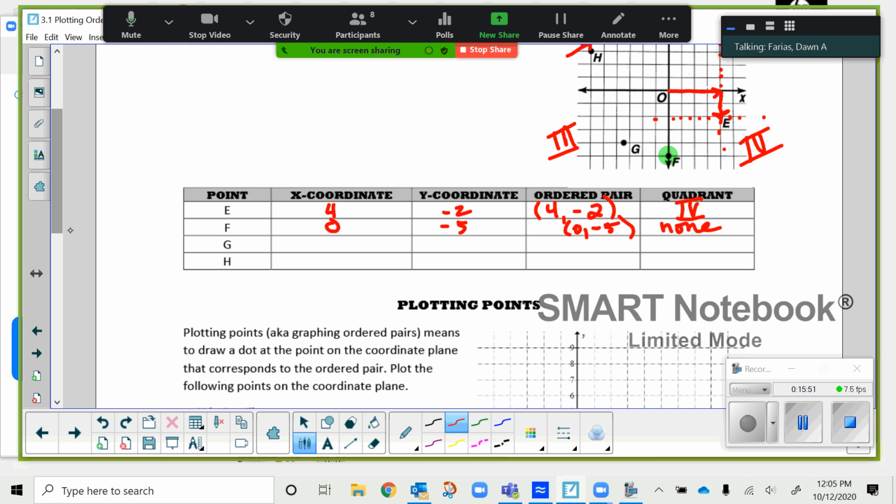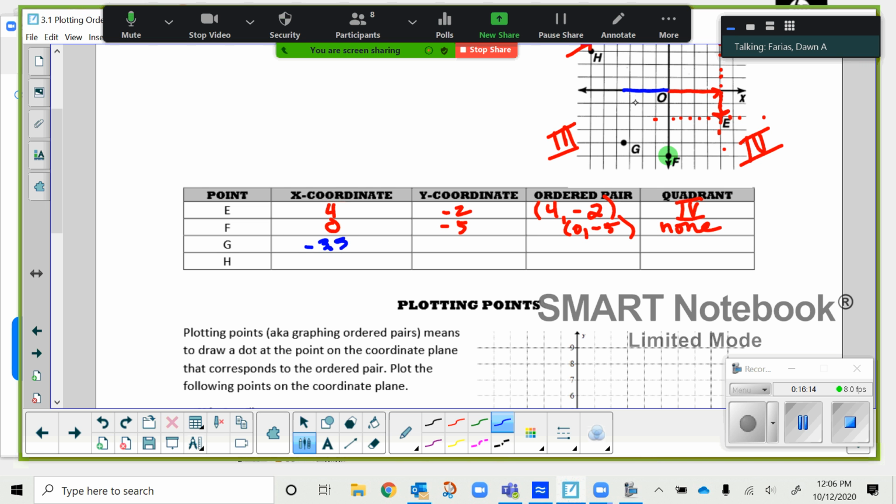And then G, to get to G, if we're starting at 0, 0, we have to go left. 1, 2, 3, about 3.5 places, right? So if I'm going in the left direction, the 3.5 needs to be negative. You do the X direction first.